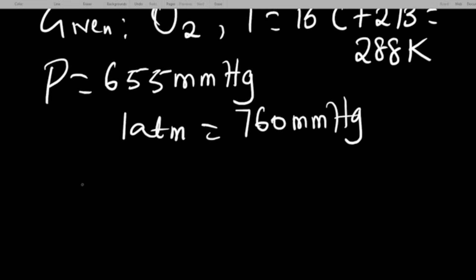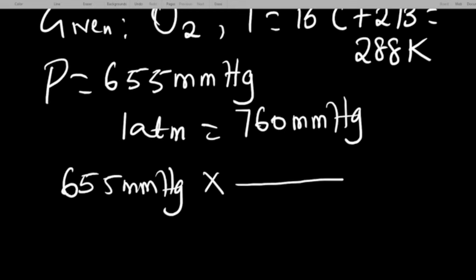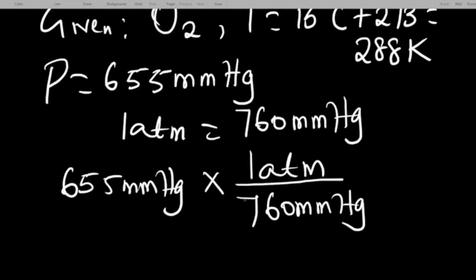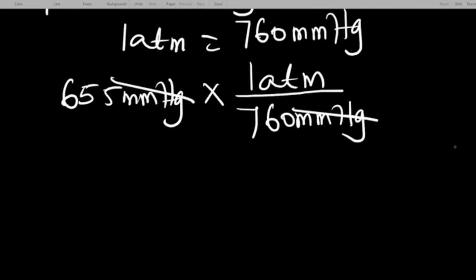We use the chain link method where we say 655 mmHg times, which one are we looking for? We're looking for ATM. So we say in 1 ATM, we have 760 mmHg. We set them up in a way that they're going to cancel out. This mmHg cancels out with this mmHg, and then we can multiply.